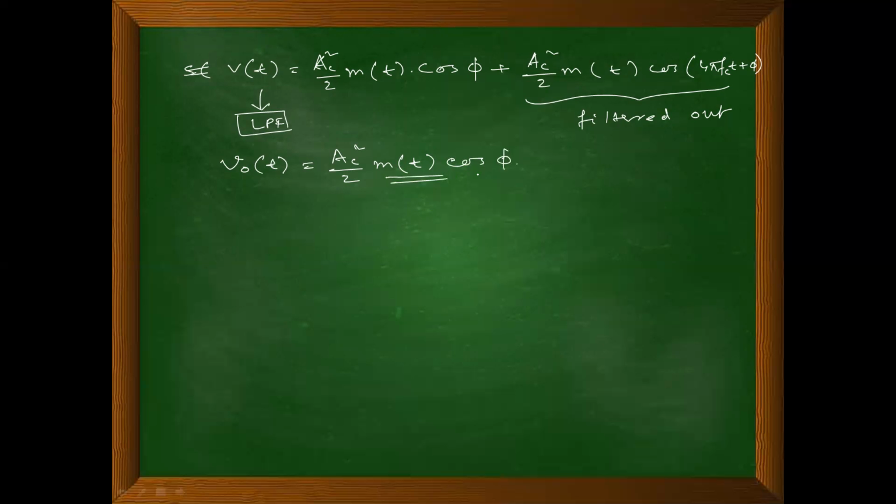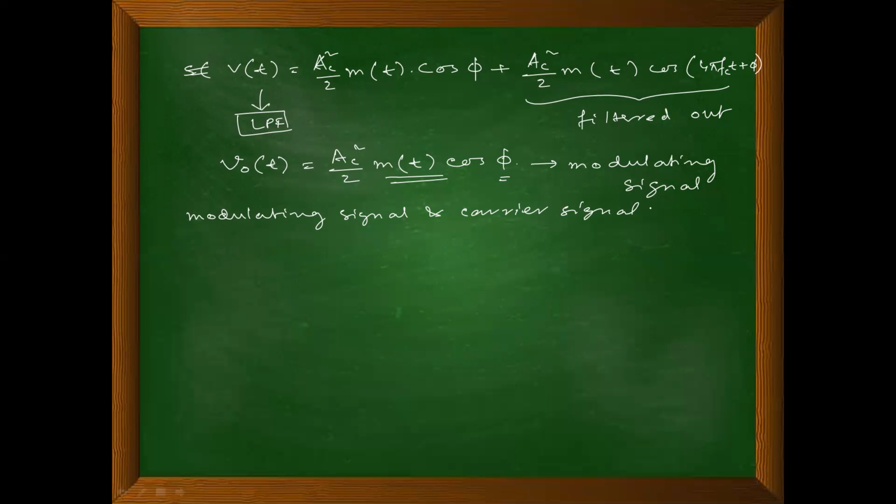You will see that it represents the term of m(t), which is my modulating signal, with a phase. So I can say the modulating signal and carrier signal will be in phase.